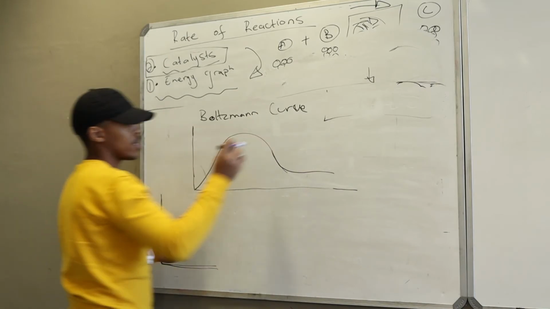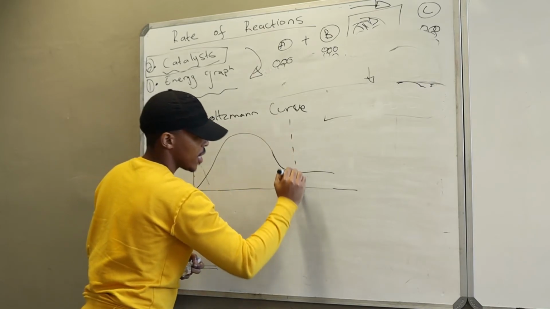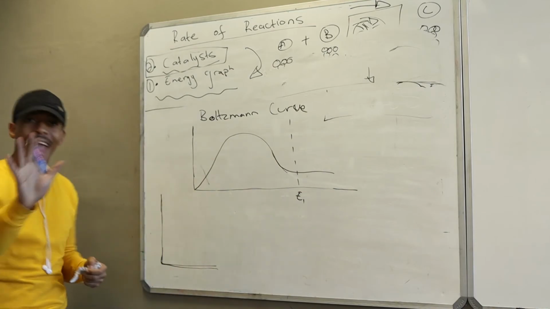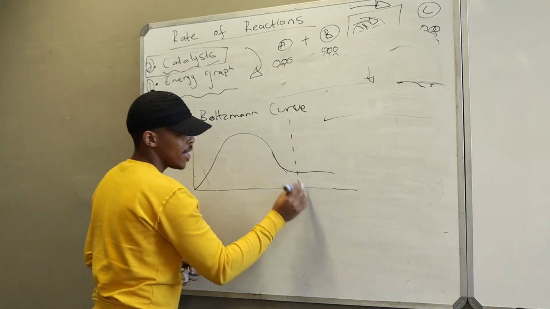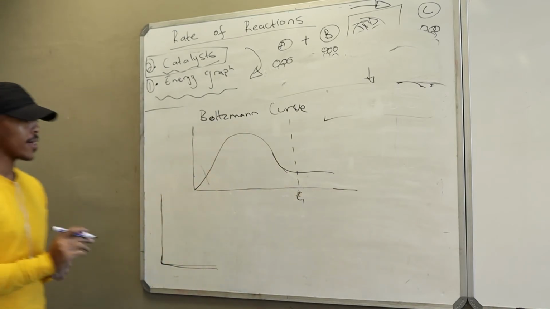Remember Boltzmann curve. We talk about the activation energy. Again, let's call it E1. So the activation energy again is at E1 and beyond.